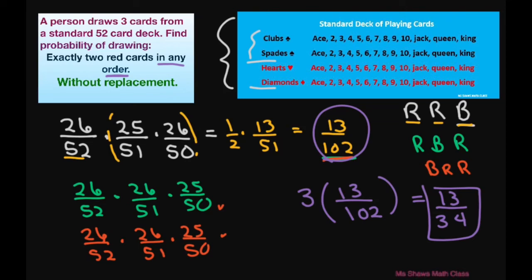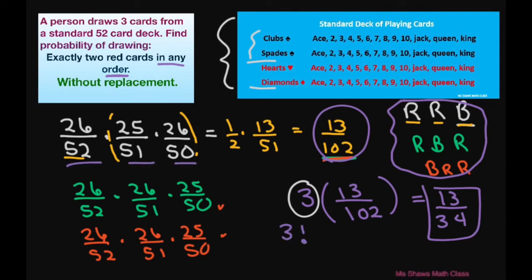All right. Also, this number here, we just wrote it all out here. And 3 is easy to write out, but usually when you are doing probability in any order, what you do is you multiply by the number you have. So 1, 2, 3. And it's usually 3 factorial, which is 6.